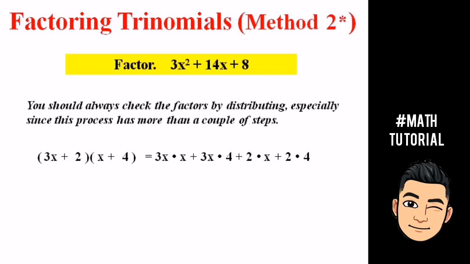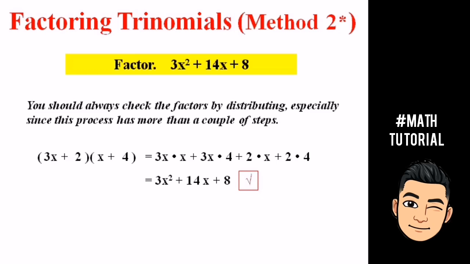Then 3x times 4 is 12x, plus 2 times x is 2x. So you have 12x plus 2x gives you an answer of 14x, then plus 2 times 4 equals 8. Thus, we will get the product 3x squared plus 14x plus 8.